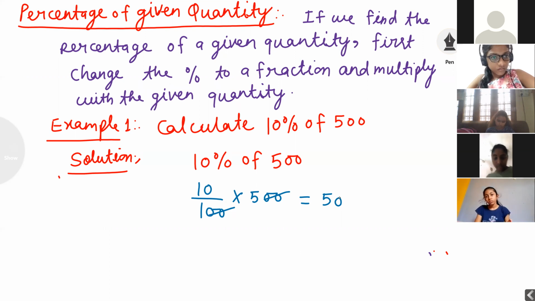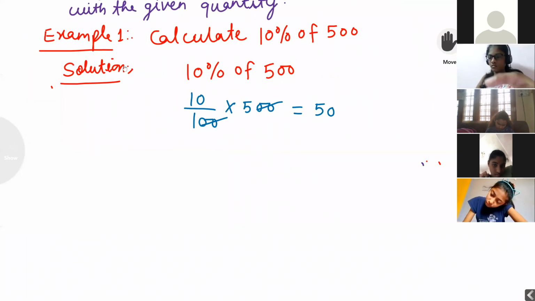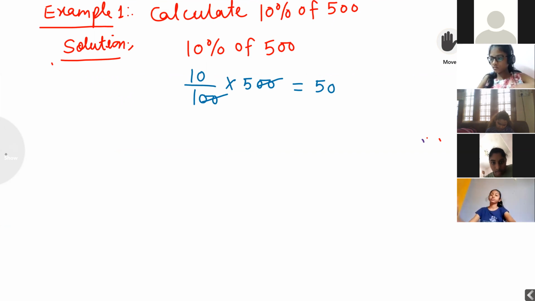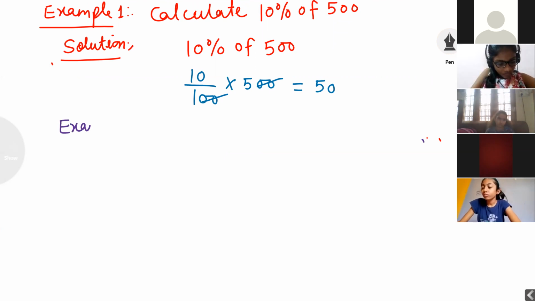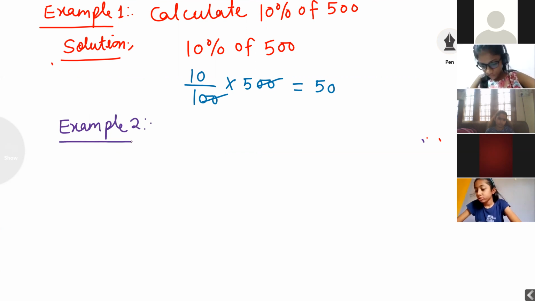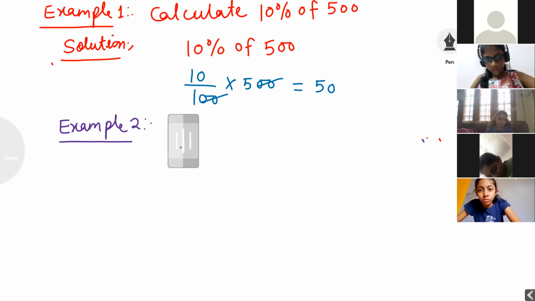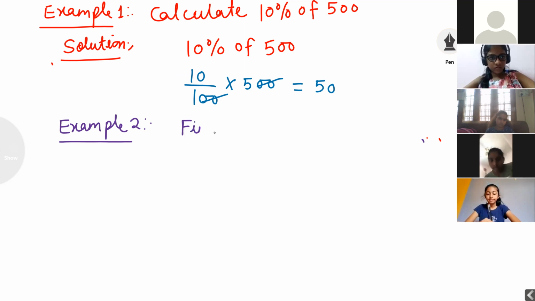Second example. Example 2: find 20% of 200.